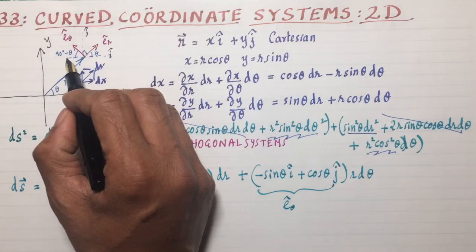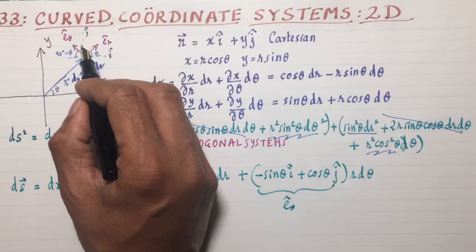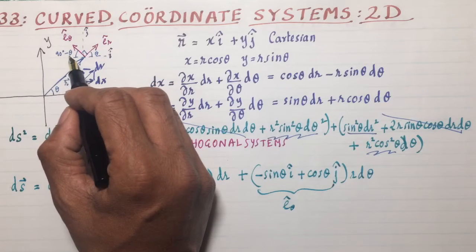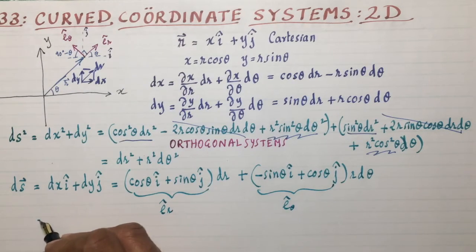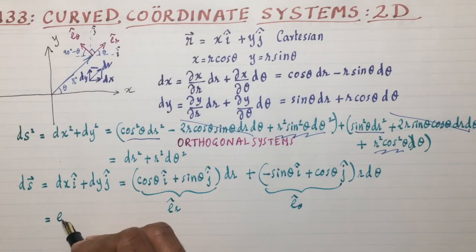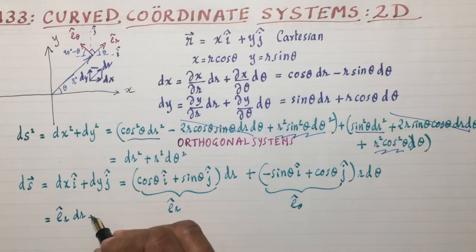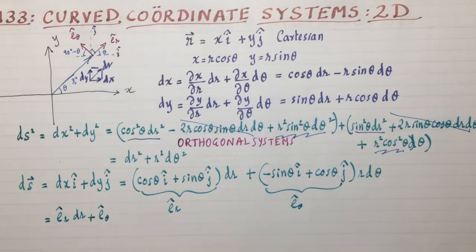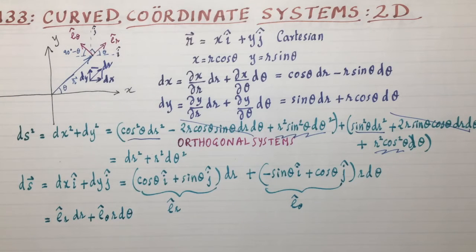Well, negative cosine of 90 minus theta is negative sine theta, and the y component is positive sine of 90 minus theta. Well, sine of 90 minus theta is cosine theta, so that's positive cosine theta. Sure enough, it's e theta. So we have written the vector form of the arc length element in terms entirely of the coordinate system known as the polar coordinate system, and its two unit vectors, which are the radial unit vector and the tangential unit vector, e sub r and e sub theta, respectively.